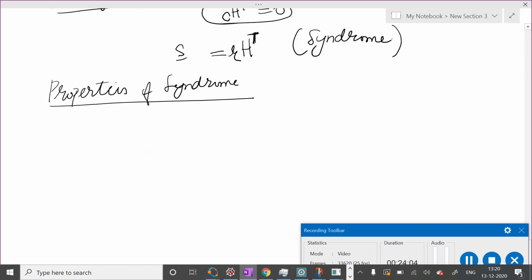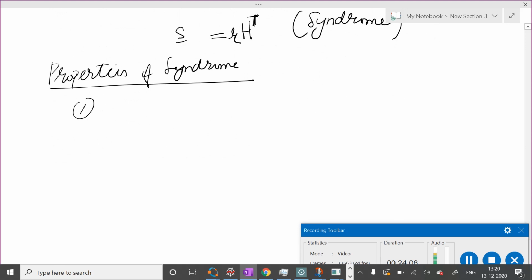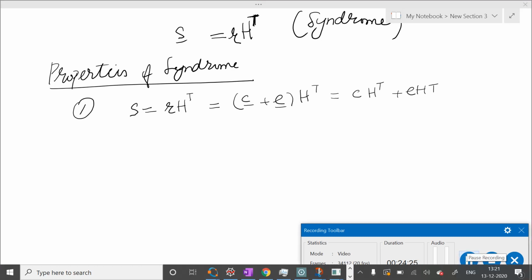The first thing is that, let's write it. So S is RH transpose. R is the code word plus the error pattern, times H transpose, which is CH transpose plus EH transpose. CH transpose is 0, and what remains is EH transpose.